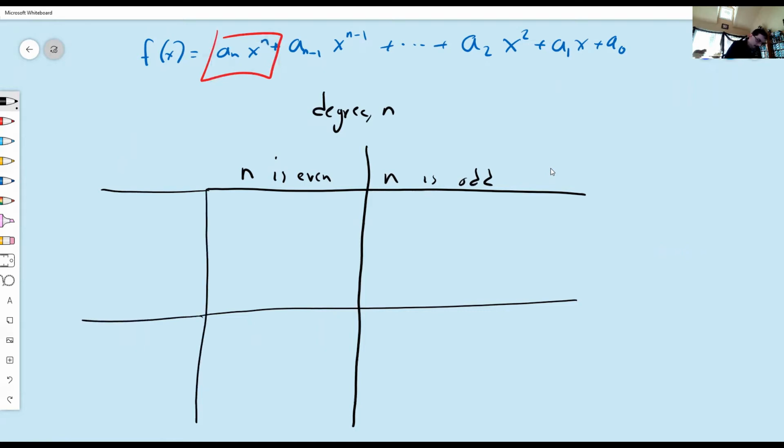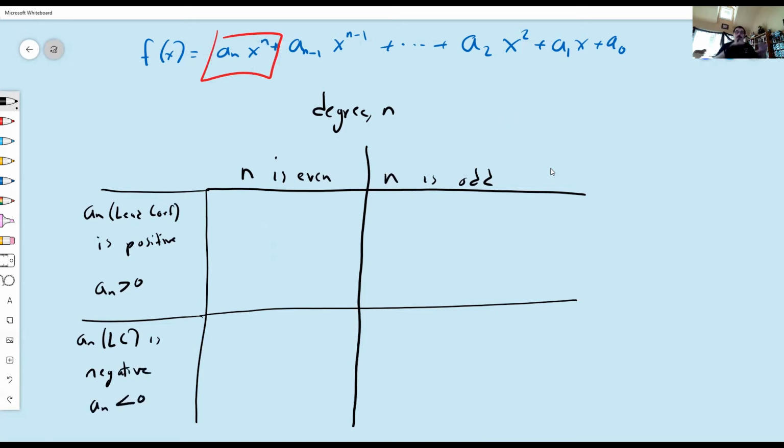And then a to the n, or your lead coefficient, is either positive, so greater than 0, or a to the n, called the LC this time, is negative. So there's 4 cases.